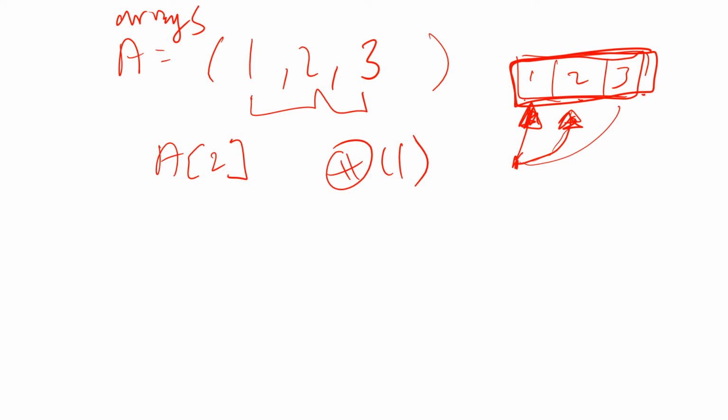This might be memory address 20. Well, this would be memory address 21. This would be 22, for example, just making up numbers. Okay, it wouldn't be 25 and 30, right? That would not be contiguous, just FYI. So you allocate memory in blocks, right?